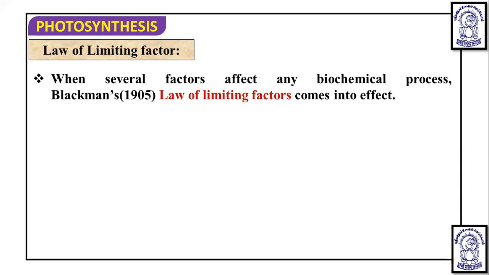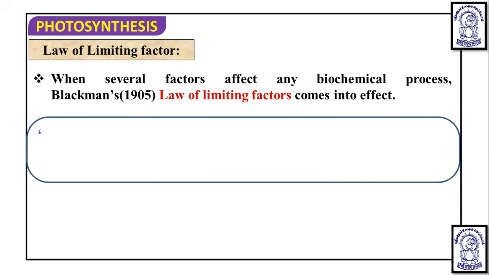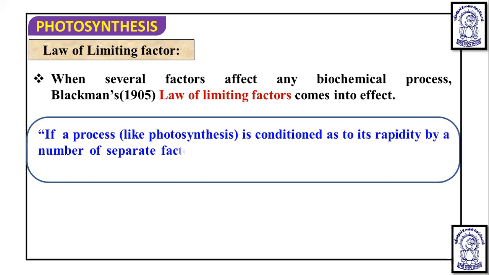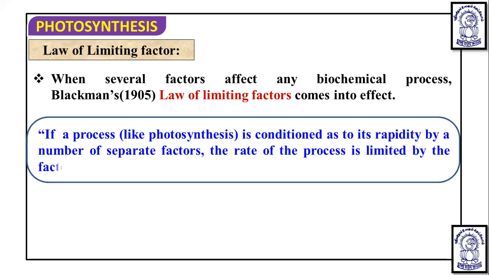It says that if a process, such as photosynthesis, is conditioned as to its rapidity by a number of separate factors, the rate of photosynthesis is limited by the factor that is present in its relative minimal value.